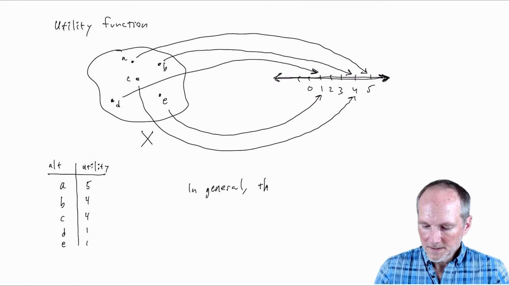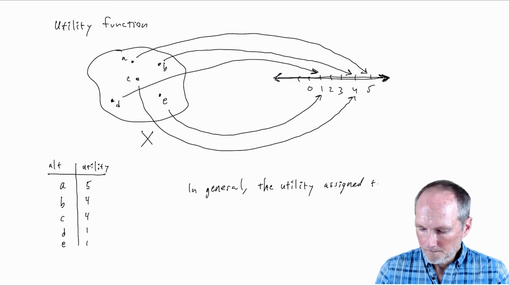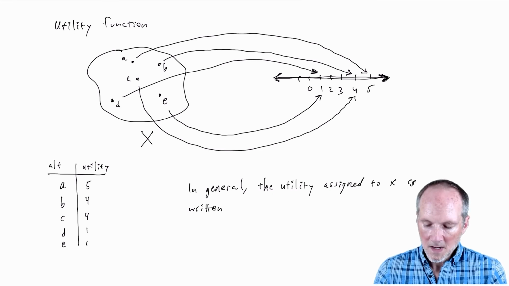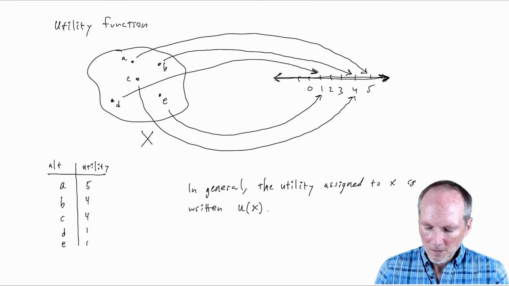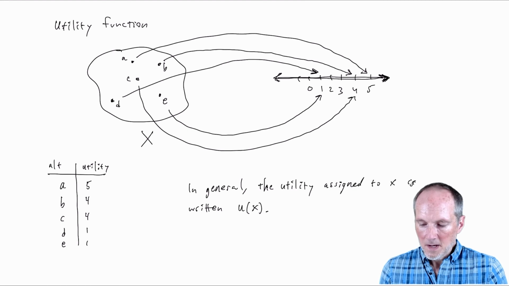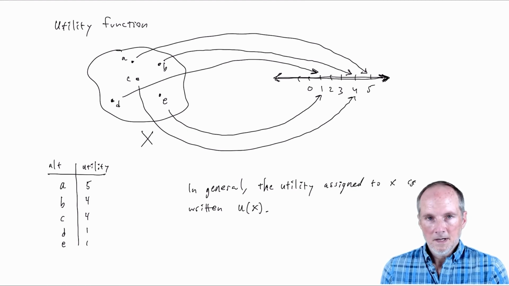the utility assigned to X is written using functional notation, but instead of an F, I'm going to use a U, because it sounds like utility. And the requirement is that we assign higher numbers to better alternatives.